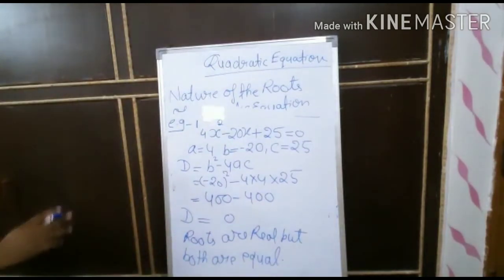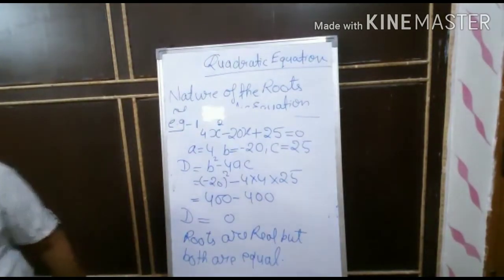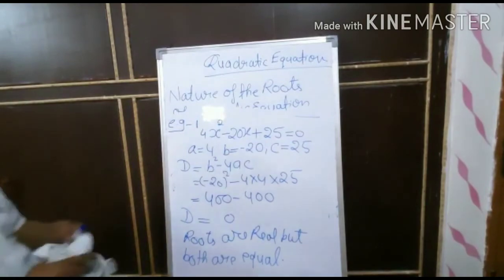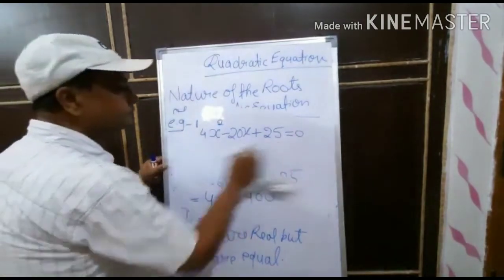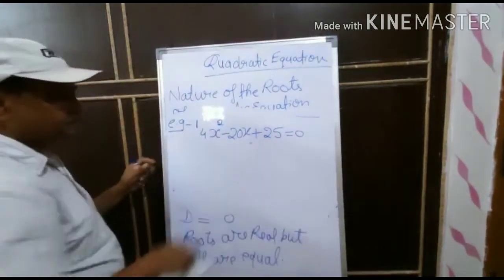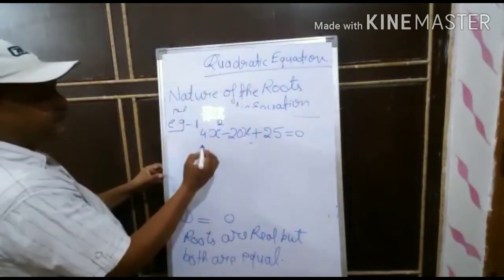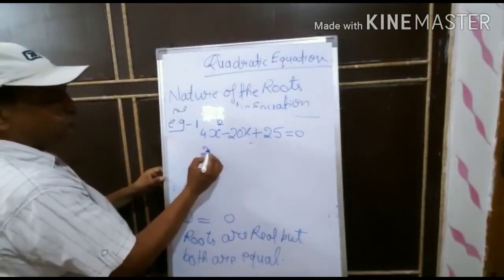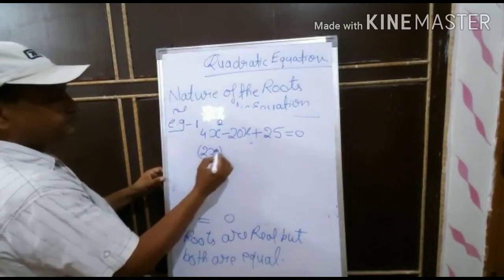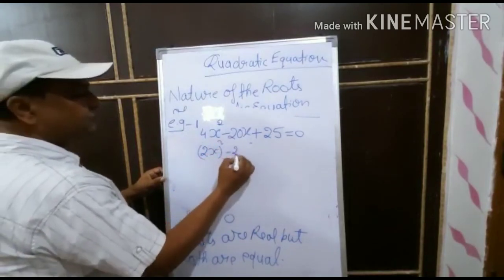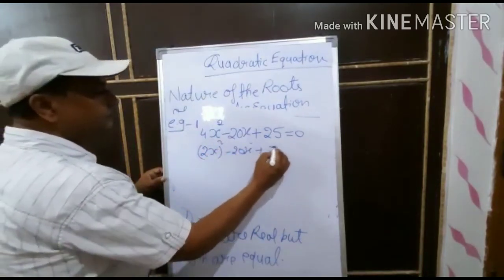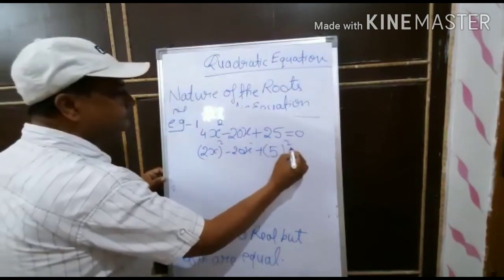Now we check whether the roots are also equal or not. This is the square of 2x minus 20x plus 5 square.